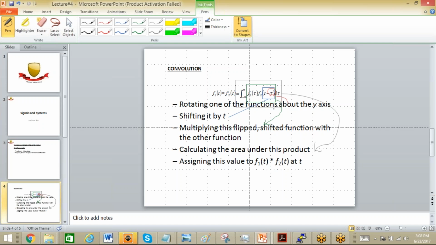So let me do one thing. Let me show you one working example over here, so that you can have a better idea of how this entire system works. Let's take one example, and let me explain to you how it actually works.